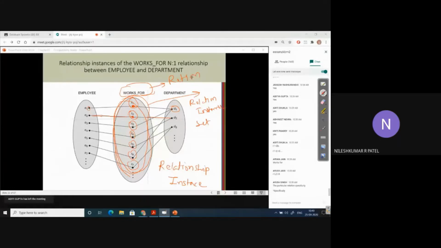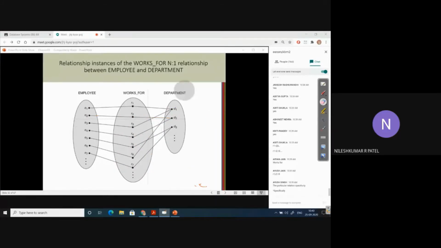Just like entity type, similarly it is relationship type, right? So this is ultimately the meaning of relationship instance, relationship set, and relationship type. Okay. So E1, E2, E3, they all are entities, right? D1, D2, D3 are entities. This is a relationship instance.